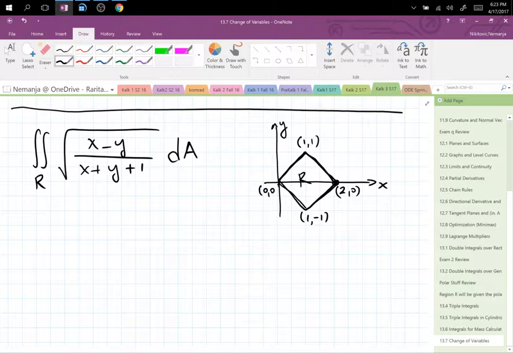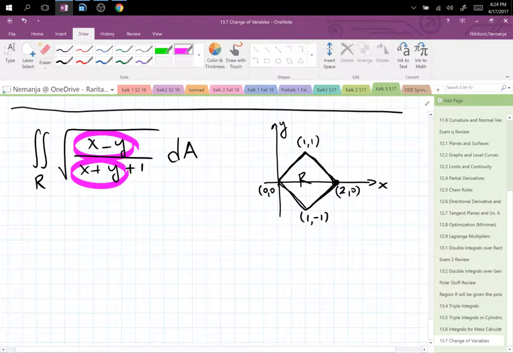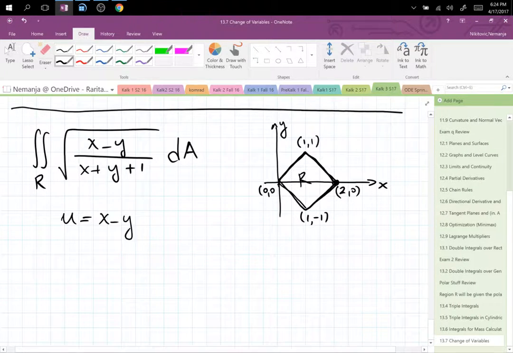Now, Joe, you asked, how do I figure out what I can do? See, over here I see these groups, right? Like these two groups. So why don't we try and have u equals x minus y and v equal x plus y, and see if we can get anything from there. Because any time when you're doing this substitution, if you can make one variable to be the numerator and one variable to be the denominator, you're immediately bypassing a lot of stuff.